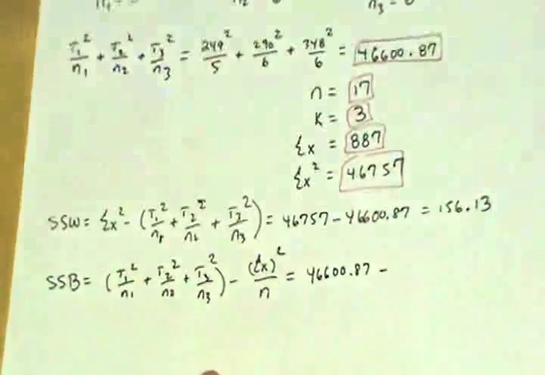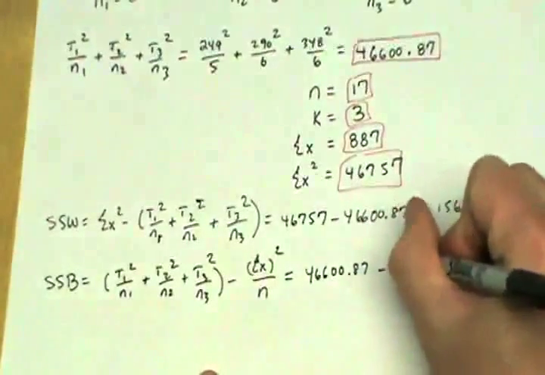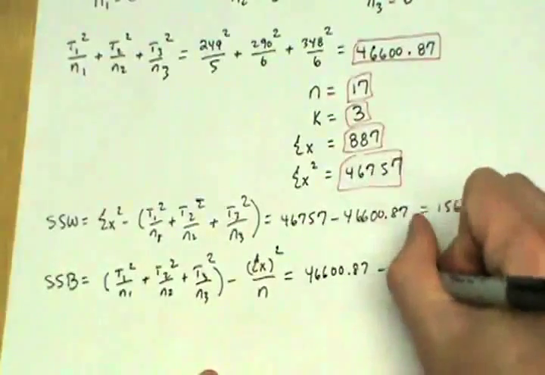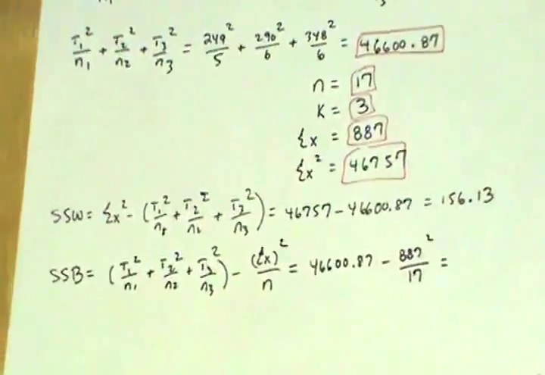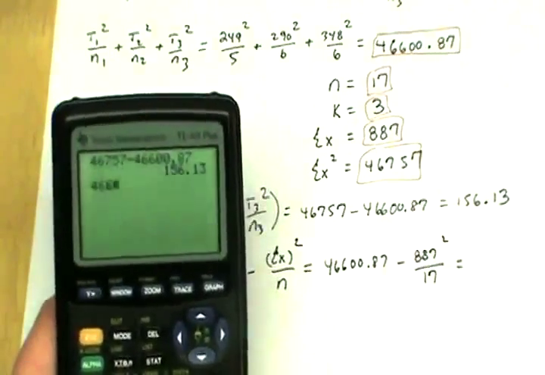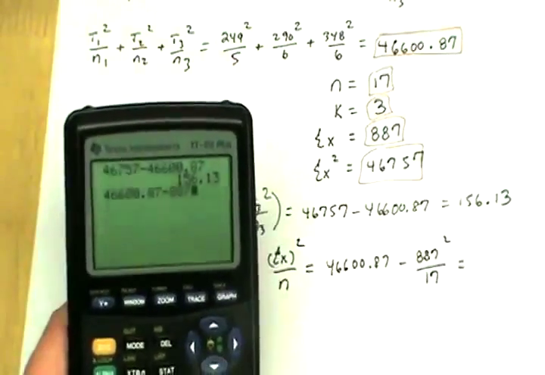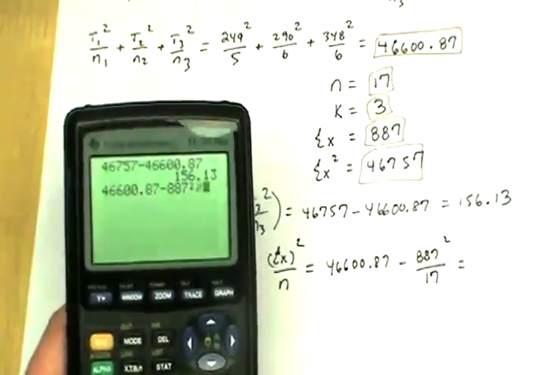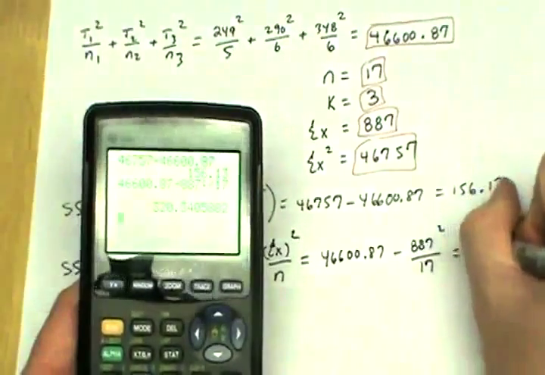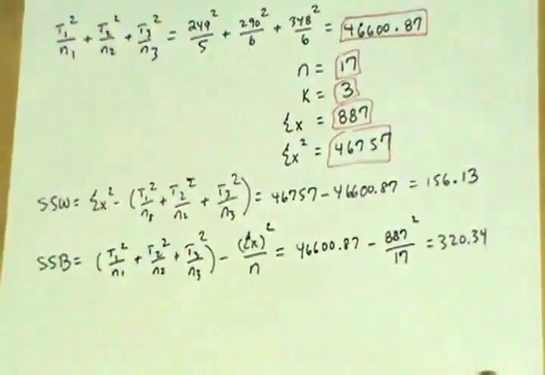We subtract the summation of x, which is 887, squared over n, which is the number of data, 17. 46600.87 minus 887 squared divided by 17 is 320.34. Okay, that's SSB.